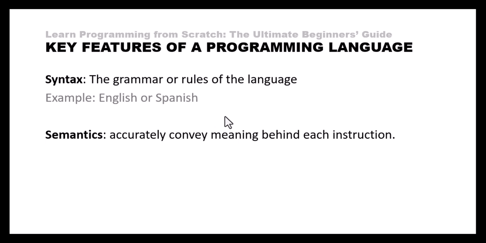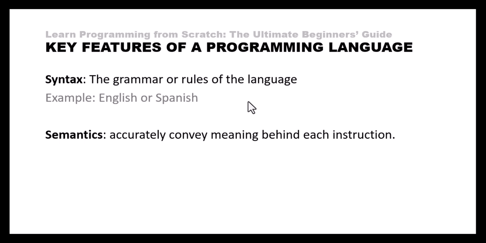After that, you should understand semantics. Semantics means that behind every grammar of a programming language, there should be a meaning. So a programming language has semantics. A semantic is the meaning behind the syntax. If you say 2 plus 2, it means give me the sum. It does not mean give me the product.